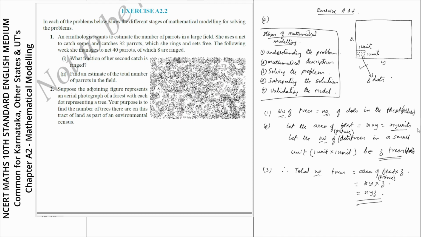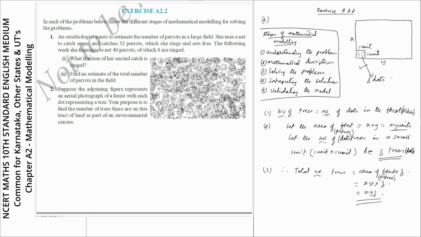We can also choose another small area somewhere inside this picture and count the number of dots in it, and continue. Every time we do it, we should get values which are close to xyz, and if they are close to xyz, then this small model is correct. And that completes this problem.